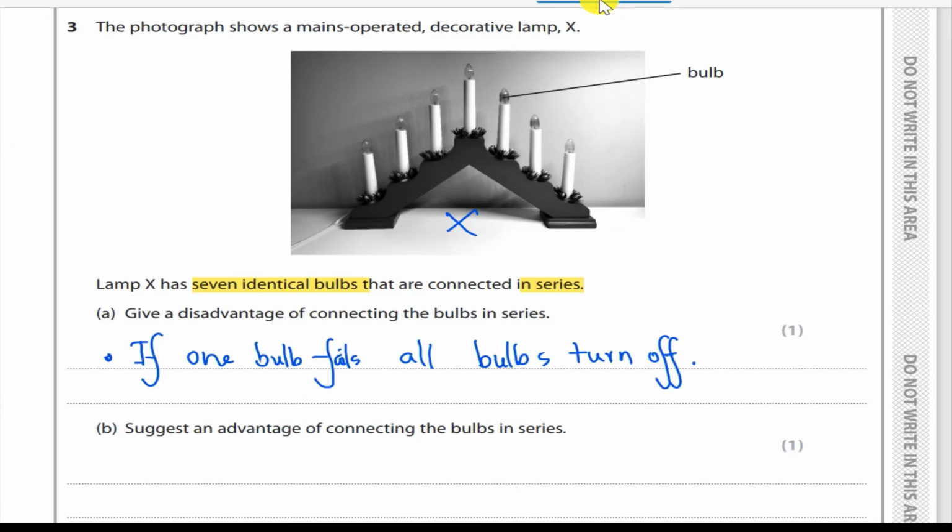It is the main disadvantage of connecting the bulb in series. Another disadvantage, bulbs cannot be controlled individually.